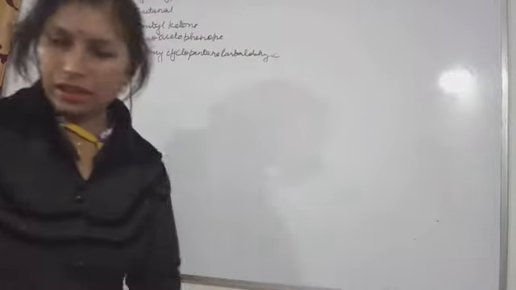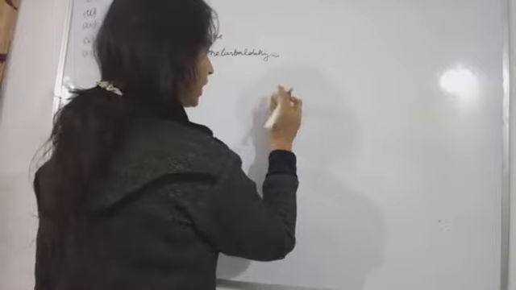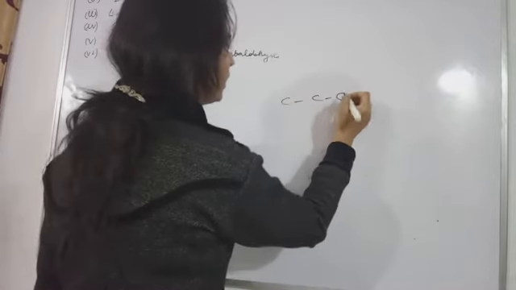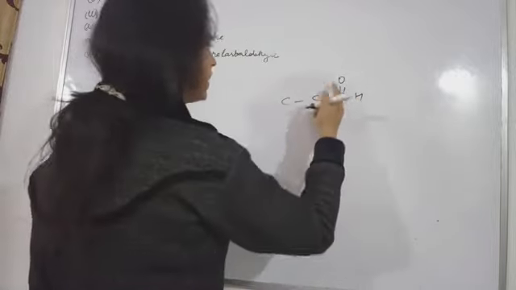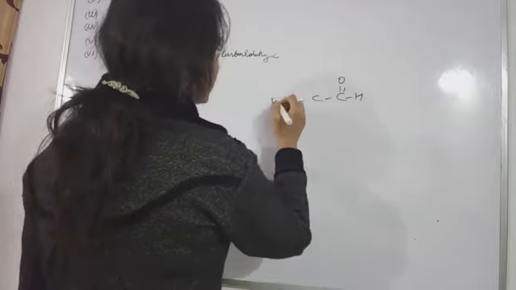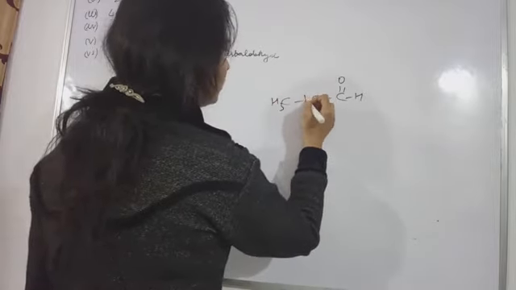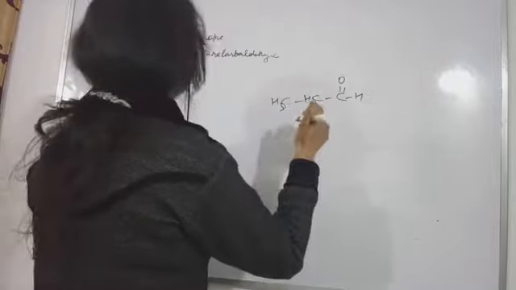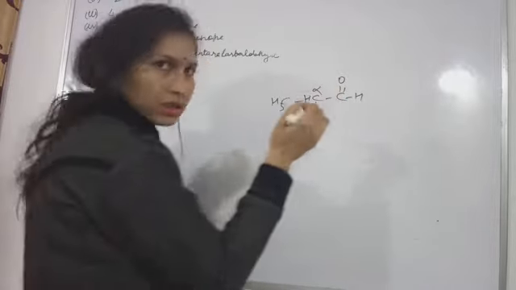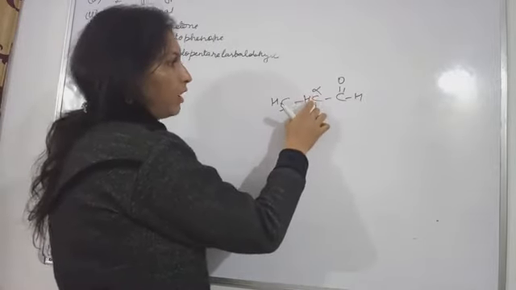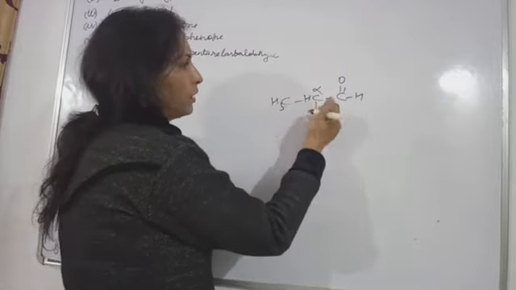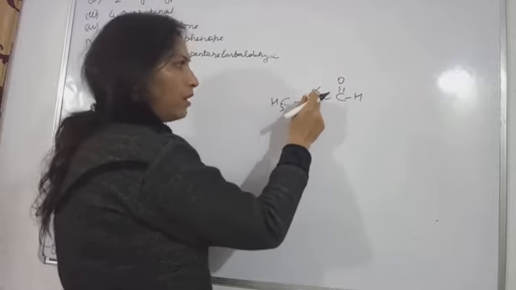Let's make the structure of the first compound, alpha methoxy propionaldehyde. The word propion tells you that 3 carbons are present. Aldehyde means the CHO group is present, and then CH3, so carbons 1, 2, 3. The carbon next to the CHO carbon is the alpha carbon.